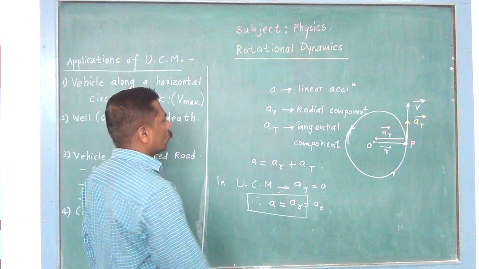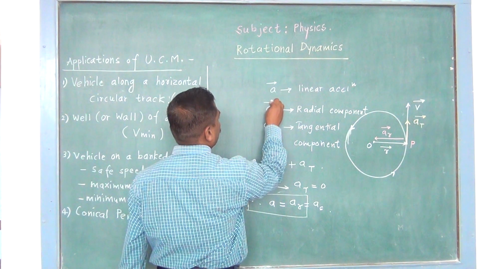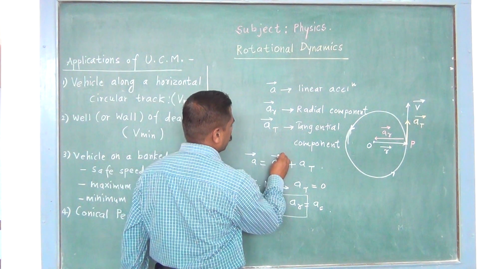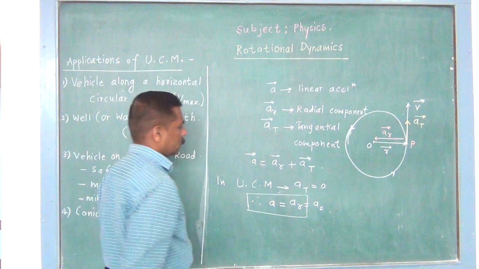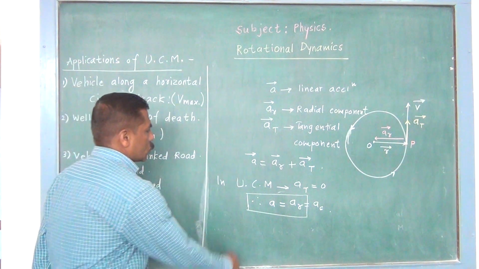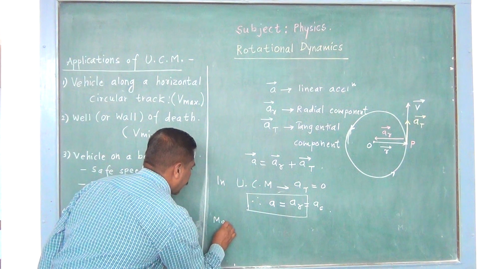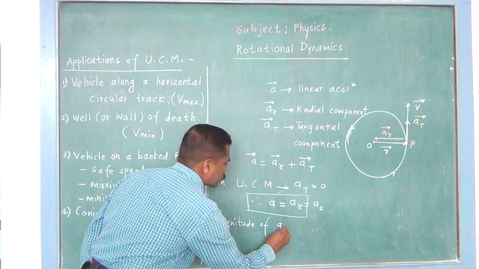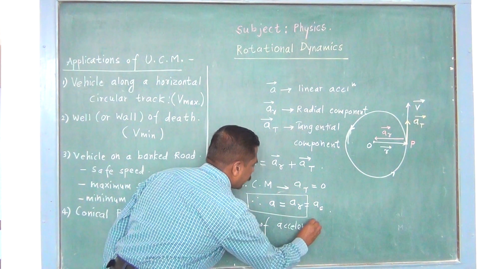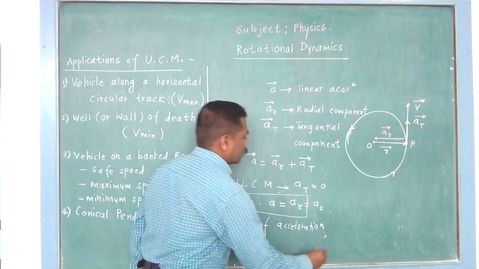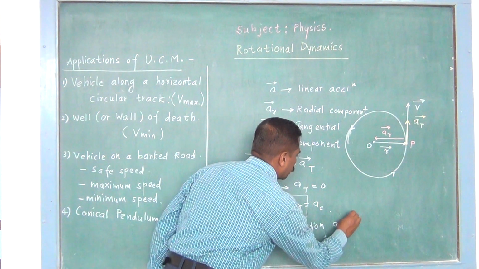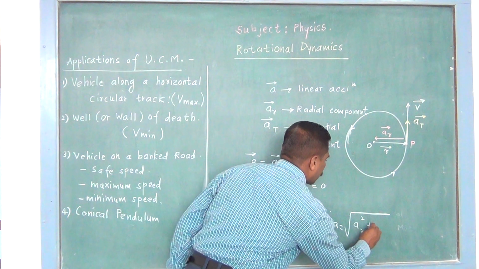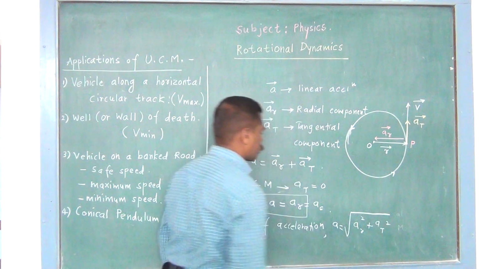Now here we know these are vectors. So suppose I want to find out the magnitude of acceleration. From this formula we can find the magnitude of acceleration, and this magnitude A is equal to under root of AR square plus AT square.